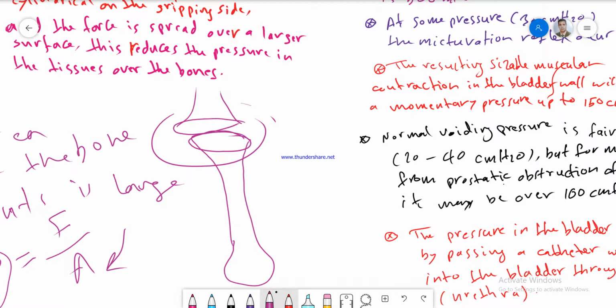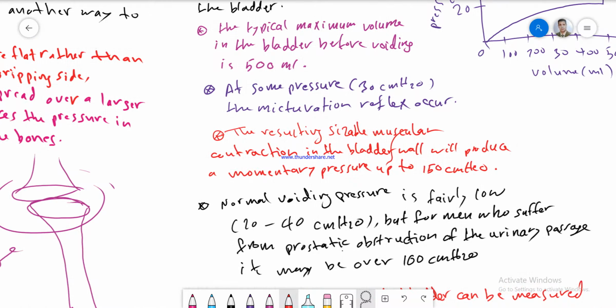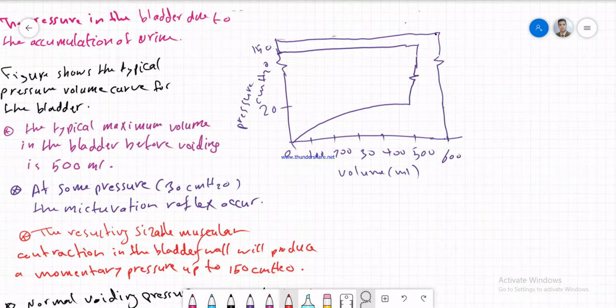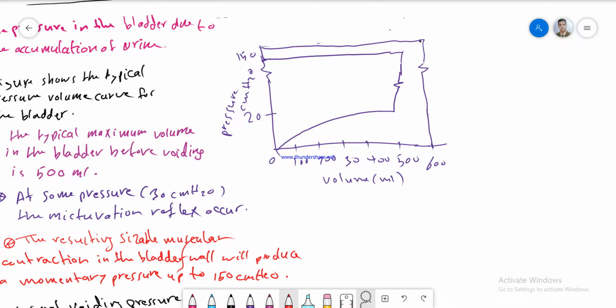The last pressure we study here is the pressure in the urinary bladder. As we see from the figure, this is the pressure-volume curve for the bladder. The pressure in the bladder is due to accumulation of urine. This is the y-axis, the pressure in centimeters H2O, and the x-axis is the volume in ml of urine accumulated in the bladder.